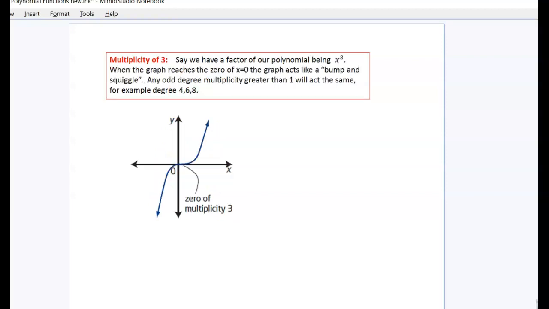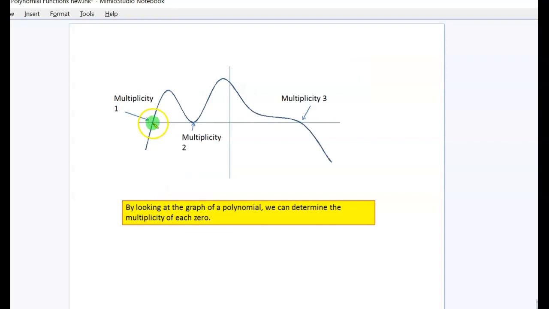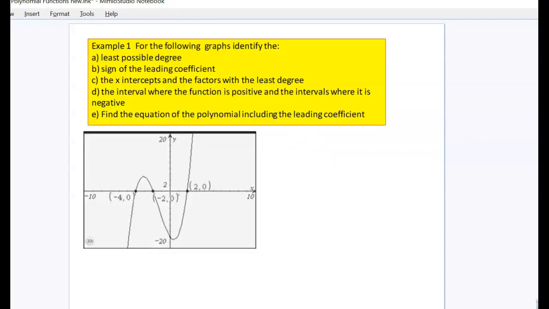Finally, if it is an odd degree higher than 1, like 3, 5, 7, or 9, the graph will form a bump and squiggle at the zero. So that's a multiplicity of 3. To review, multiplicity of 1 goes straight through, multiplicity of 2 is a parabola, multiplicity of 3 is a bump and a squiggle.